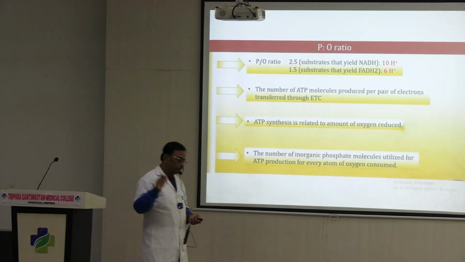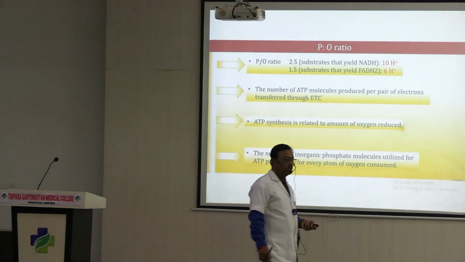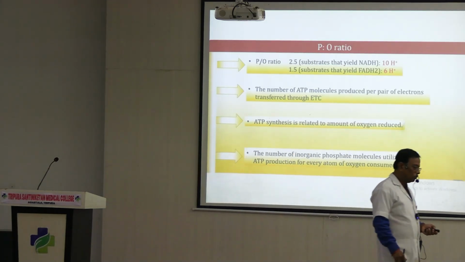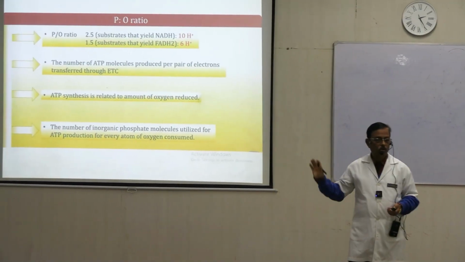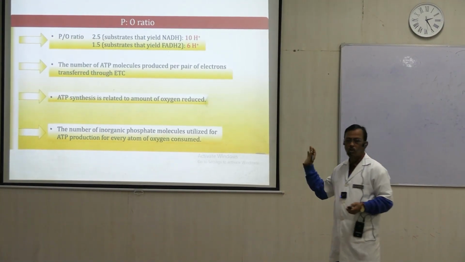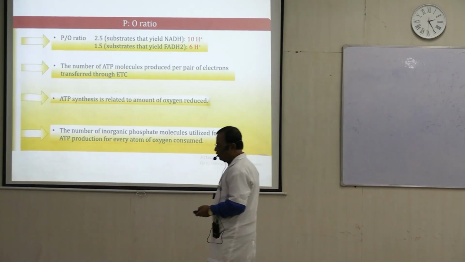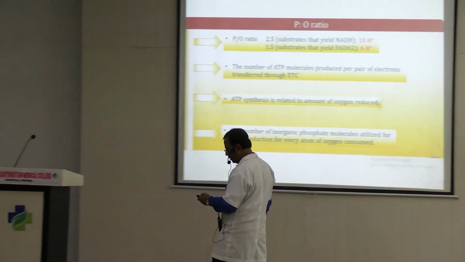Now we are using the inorganic phosphate. So one term is the PO ratio. PO ratio, it will come as a short note. So you will write it like that. How will you write? Give the definition first.